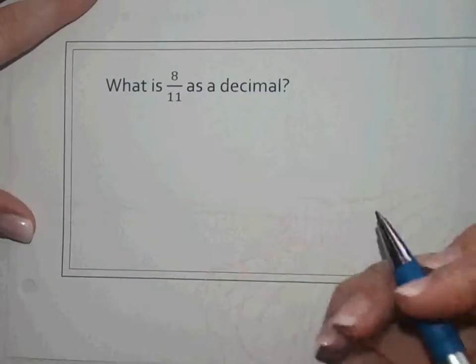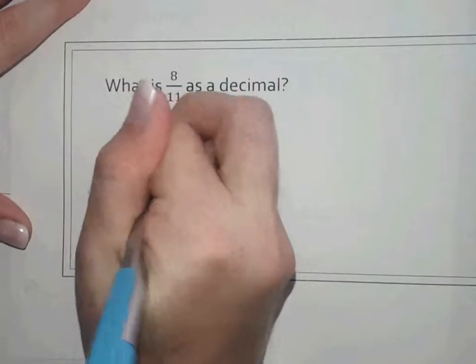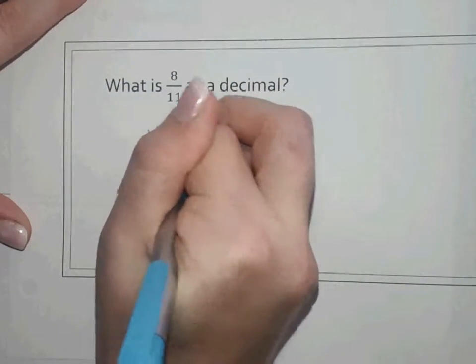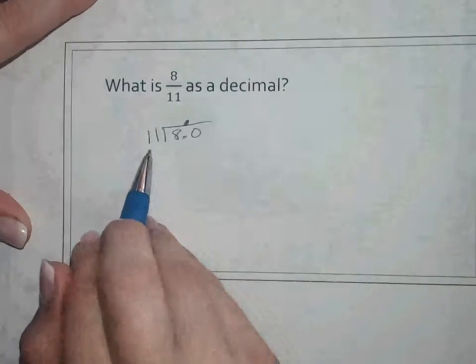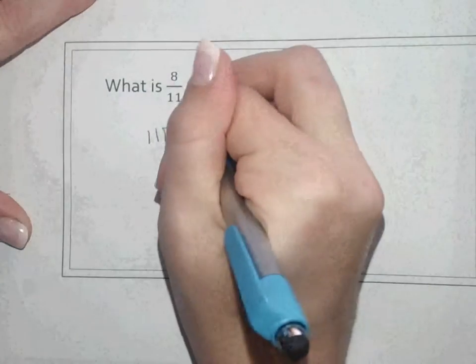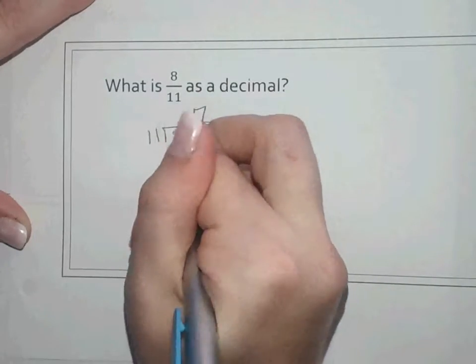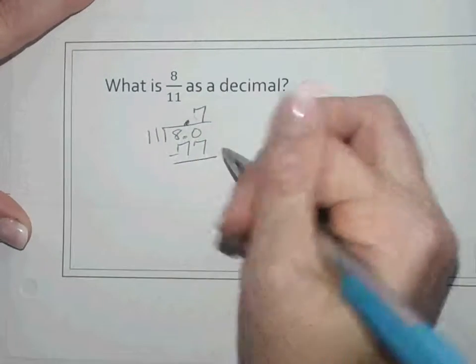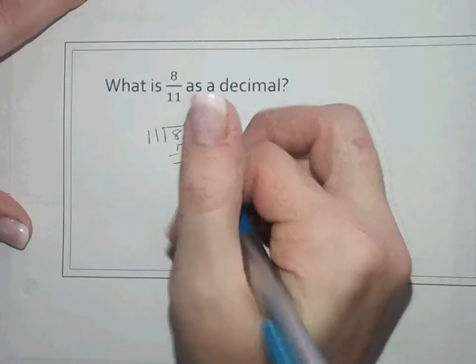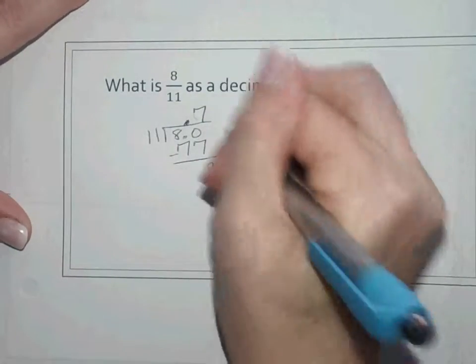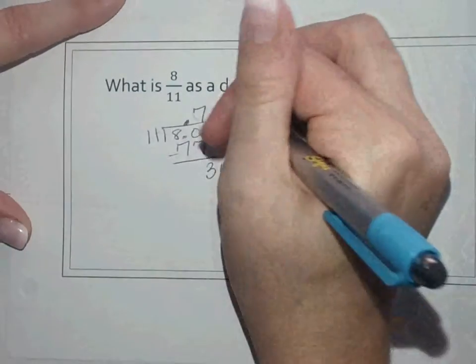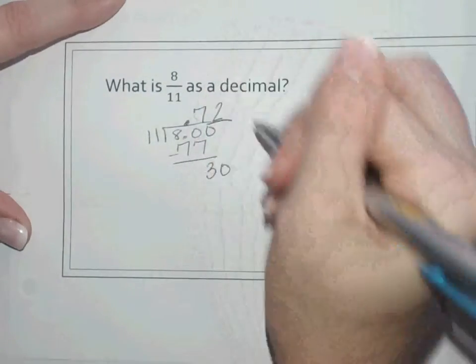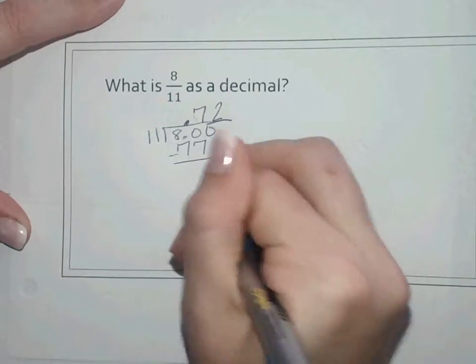What about 8/11? Well, I can do the same thing. I can do our division, and I could say 11 goes into 80 7 times, get 77, and 80 minus 77 is 3, put a 0. 11 goes into 30 2 times. 2 times 11 is 22.